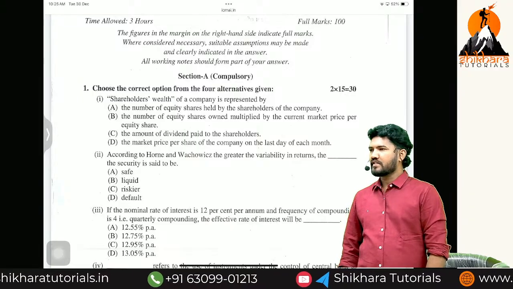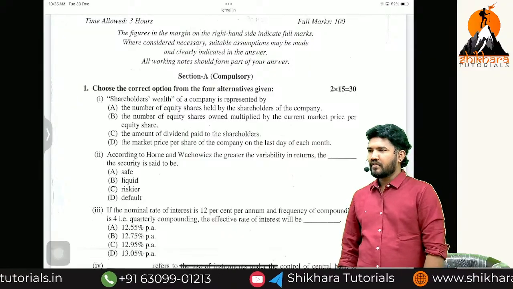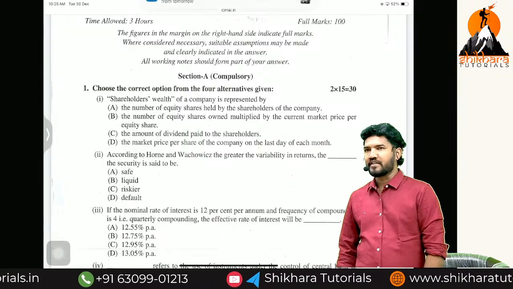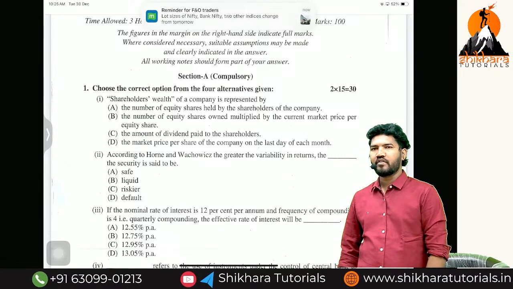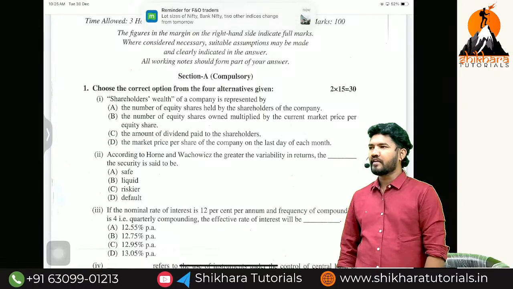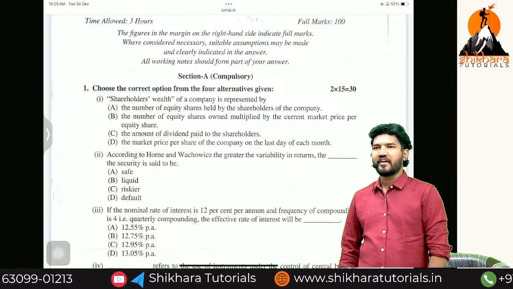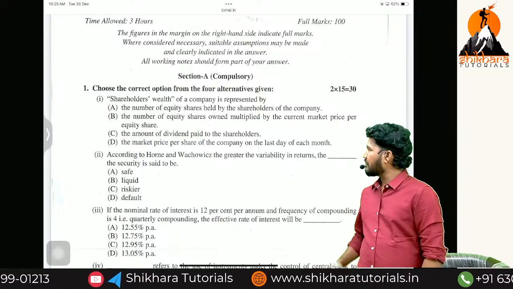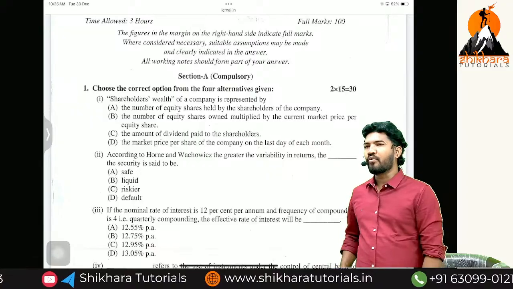In ratio analysis, I will give some more clarity. Equity has multiple names. Equity is also known as shareholder funds, owner fund, net assets, proprietary fund. These are the alternative names we have. Now, what does shareholders' wealth mean here? Equity. How to calculate equity?